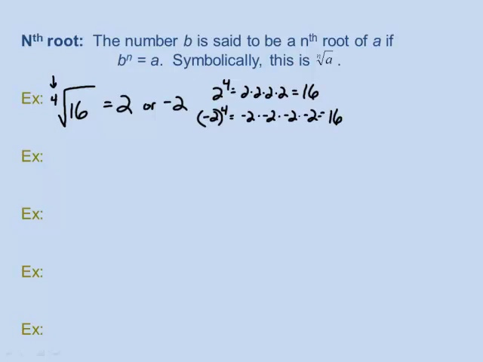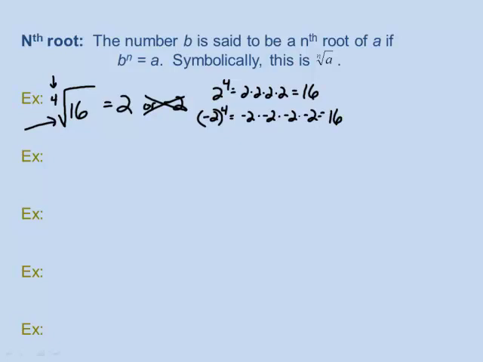But just like with square root, if we use that radical sign to represent that particular nth root, then by definition, the radical symbol indicates you want the principal root, which is always the positive possibility. So the 4th root of 16 is not 2 or -2, it's just positive 2 by definition.